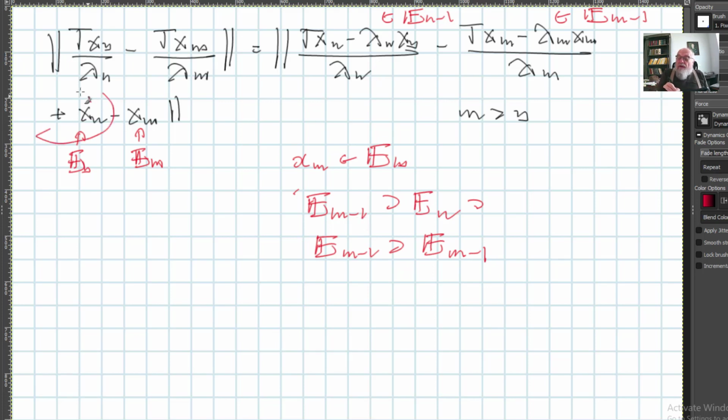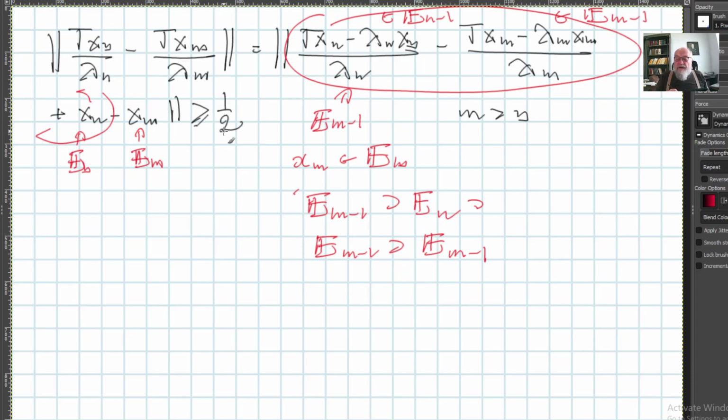So that means that portion, including those vectors here, belongs to Em minus 1. And now you can write that the norm is larger or equal than 1/2.